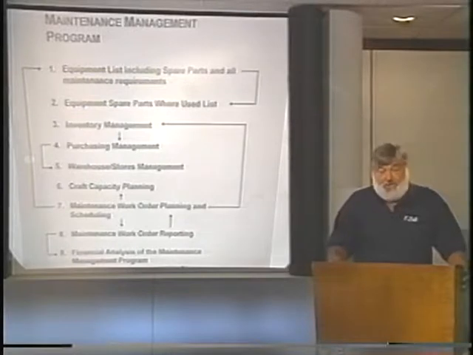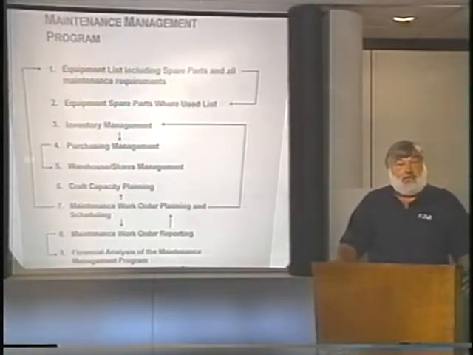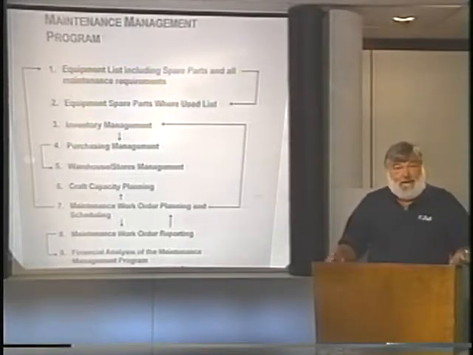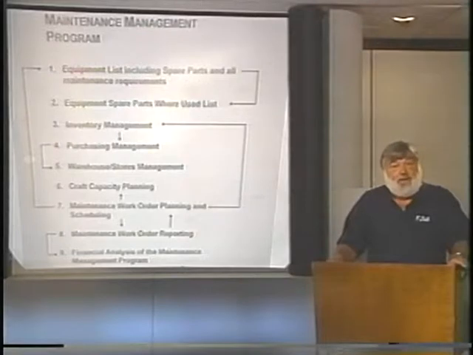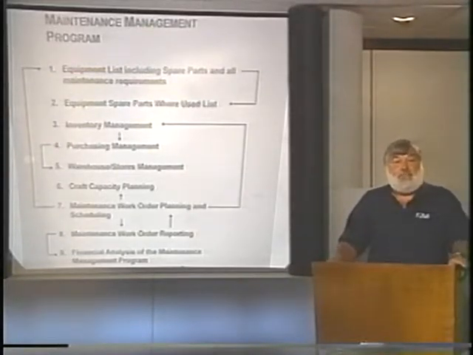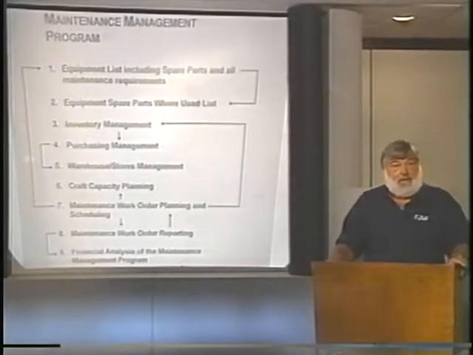Now, the arrow coming out of 7 down into 8 in the middle of the page is the actual release of the work order, and there are 2 arrows that come out of 8. These are reporting activities. The first arrow on the right-hand side going from 8 to 7 is the feedback, the reporting from the various craft personnel working on maintenance work orders, irrespective of whether they're planned or unplanned.